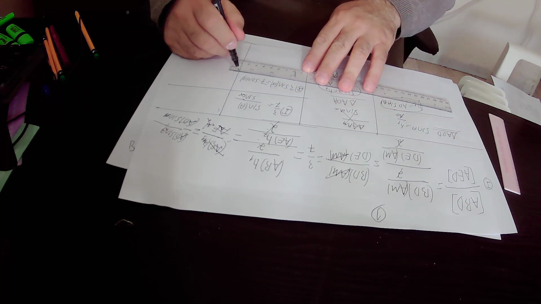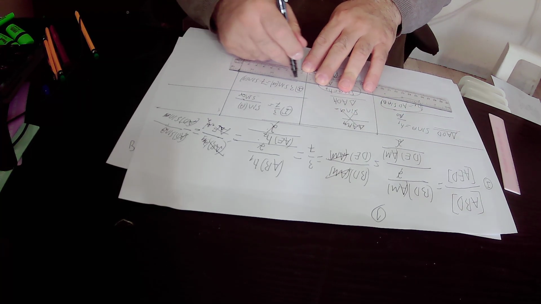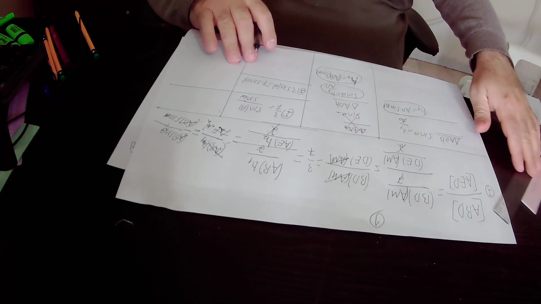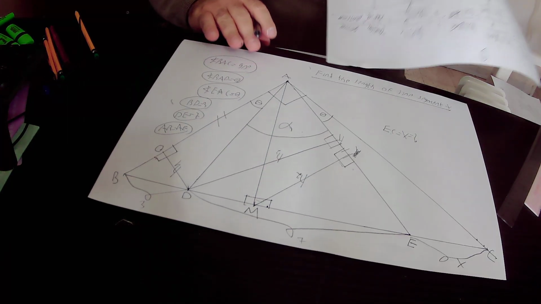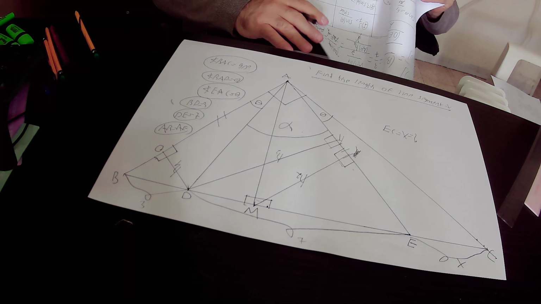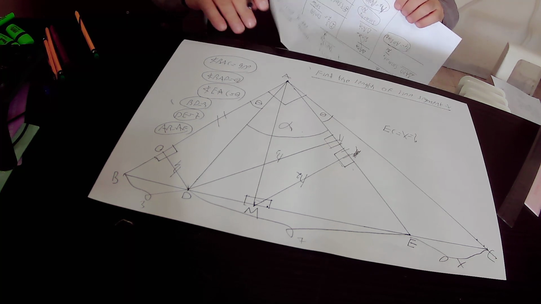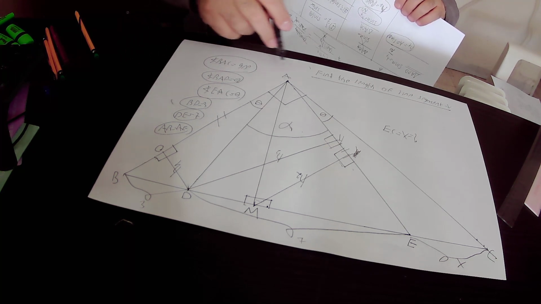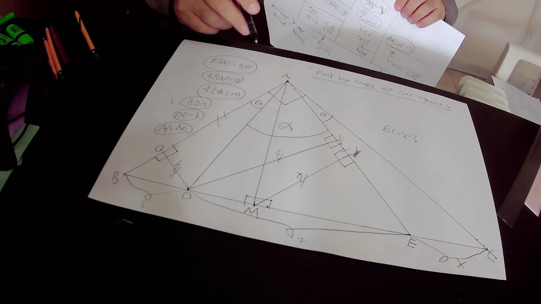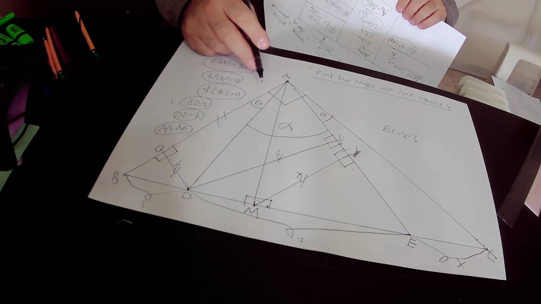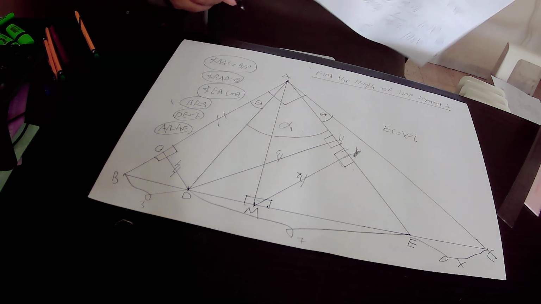And what is the value of angle alpha? From the drawing you can see that angle BAC equals theta plus alpha plus theta.